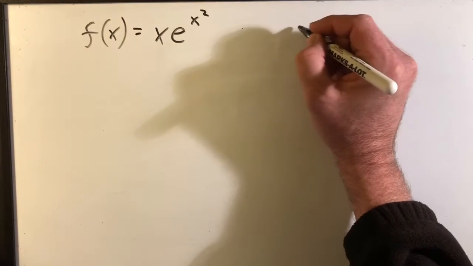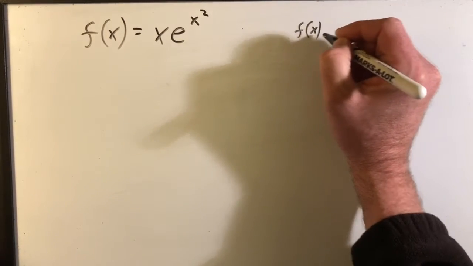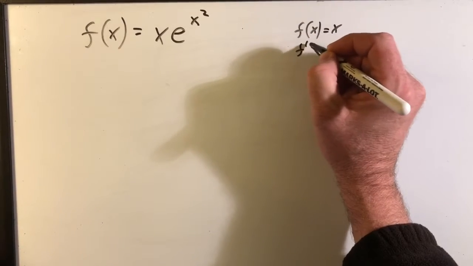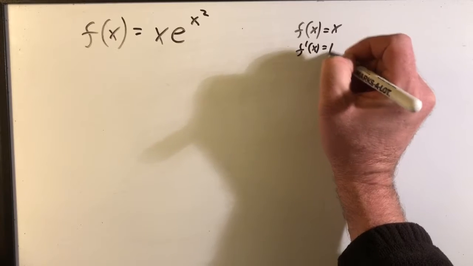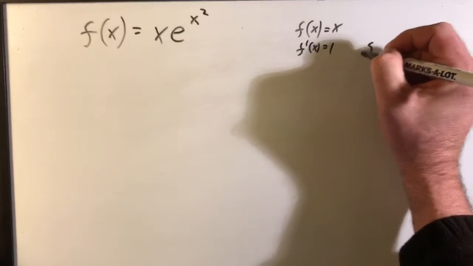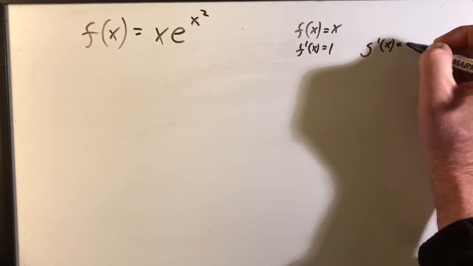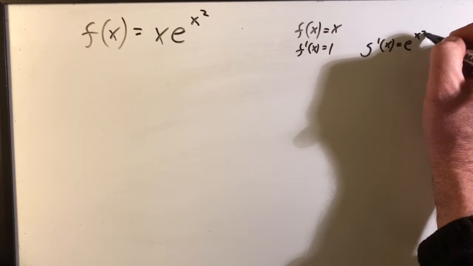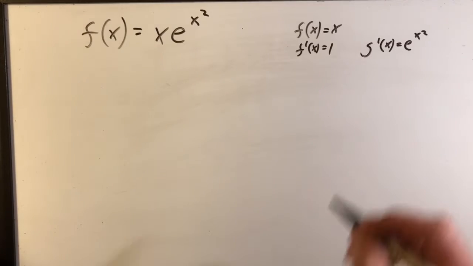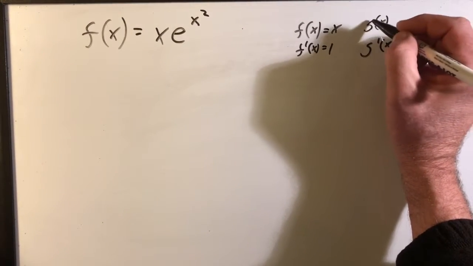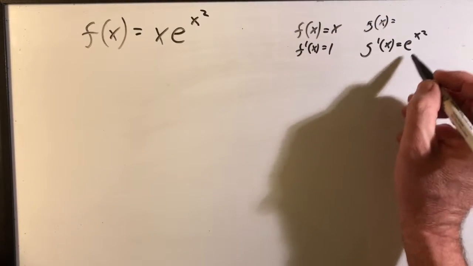Acting like it is, I would say f of x equals x, and f prime of x equals 1, g prime of x equals e to the x squared. And so I need to find the integral of that to get to g of x. So let me try that.